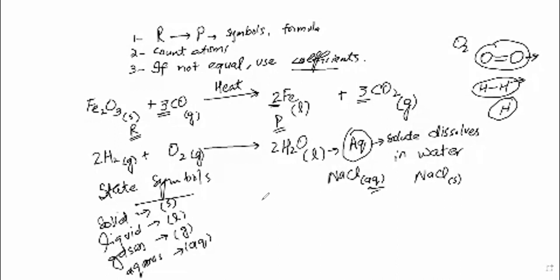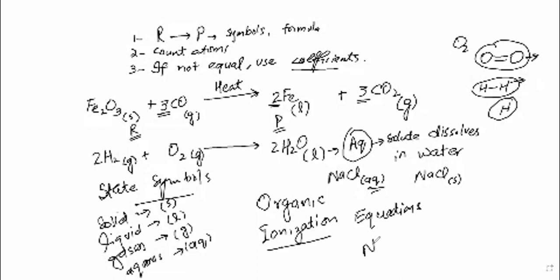But for some reactions we don't write the state symbols, like organic reactions. For organic reactions, mostly we don't write the state symbols. And for ionization reactions, where there is a loss or addition of electrons, we don't write the symbols.